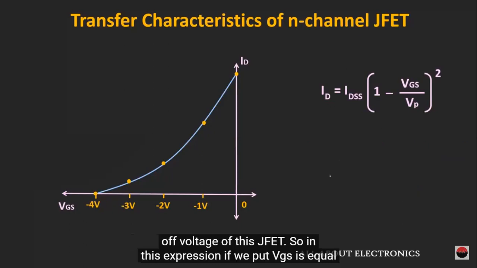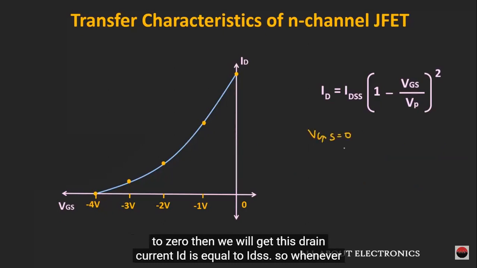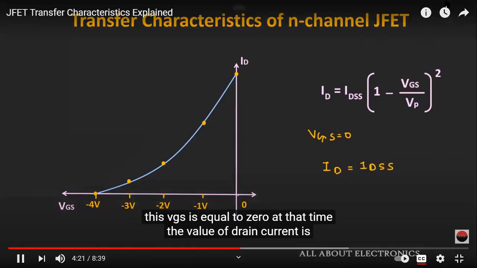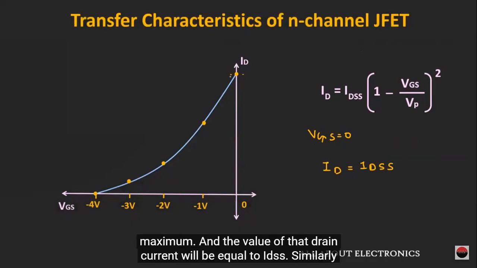So in this expression, if we put VGS equal to 0, then we will get this drain current ID equal to IDSS. So whenever VGS is equal to 0, at that time the value of drain current is maximum and the value of that drain current will be equal to IDSS.